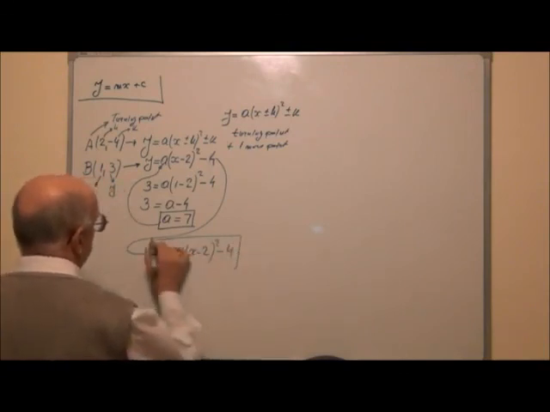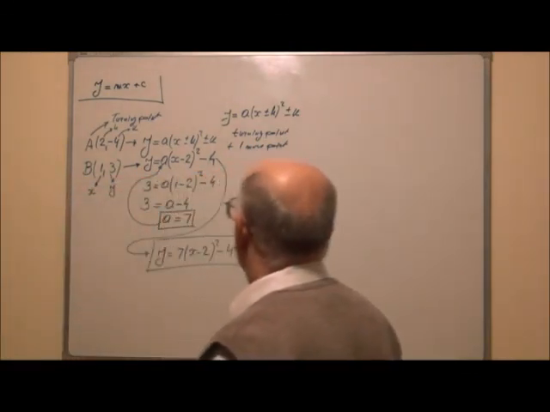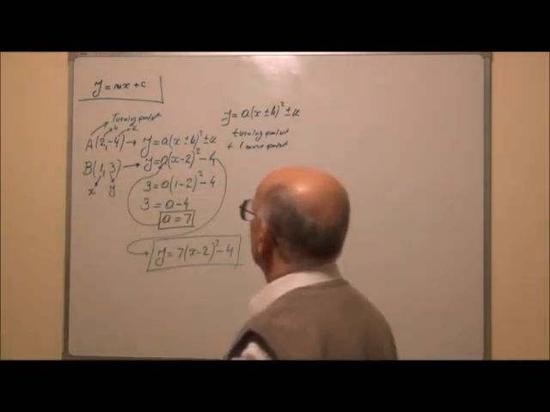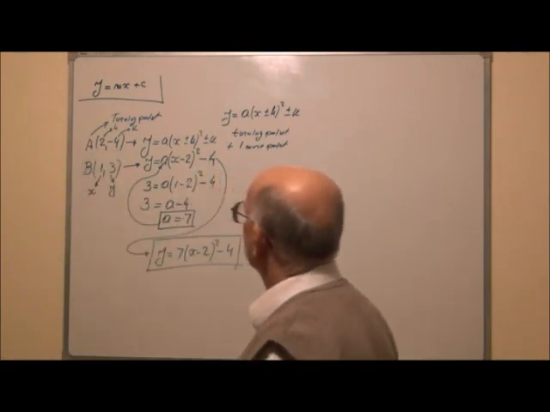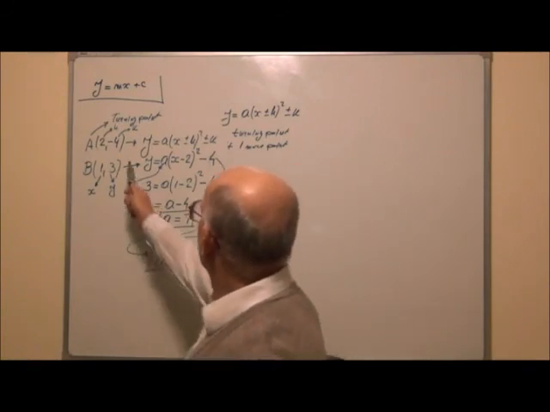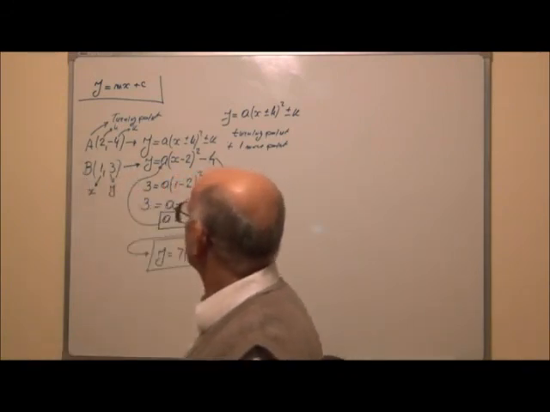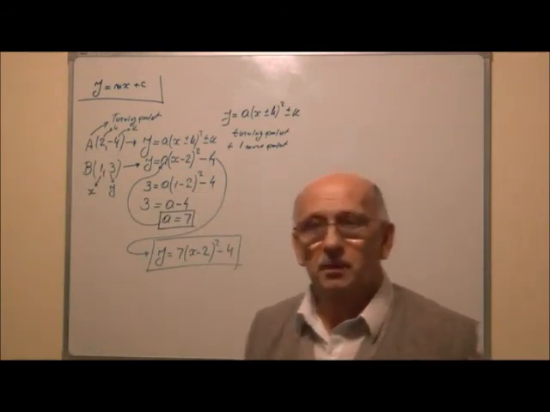This will be the parabola in turning point form, whose turning point is A with coordinates 2 and minus 4, and another point with coordinates 1 and 3 is on that parabola.